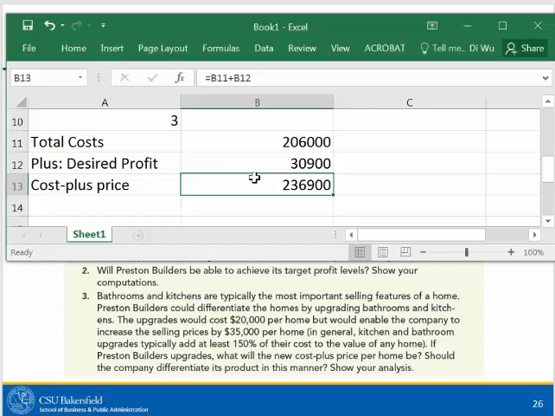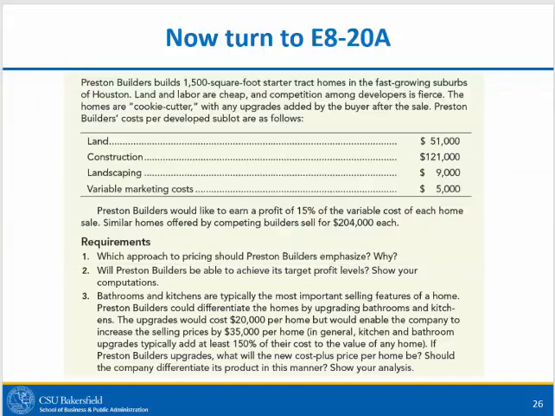However, if you are able to find a way to make your products unique and differentiate them, then you become a price setter. You can have a little bit more flexibility, and you can easily achieve your target profit with the cost plus price. All right, so that's about learning objective 3, and feel free to review some of those slides regarding this answer.